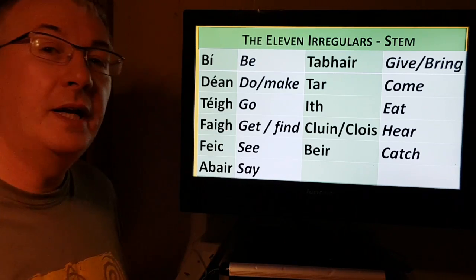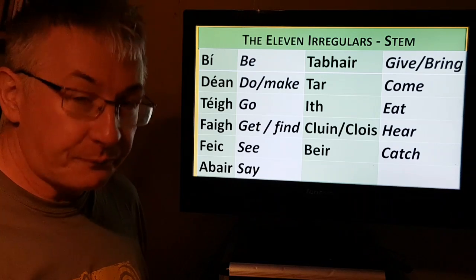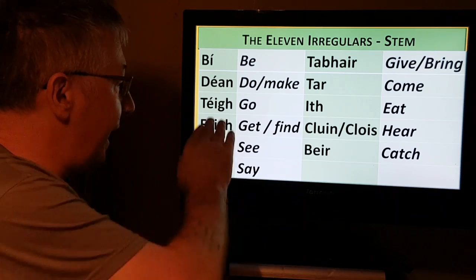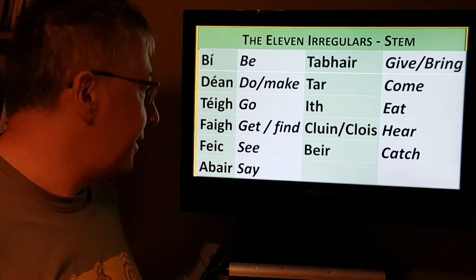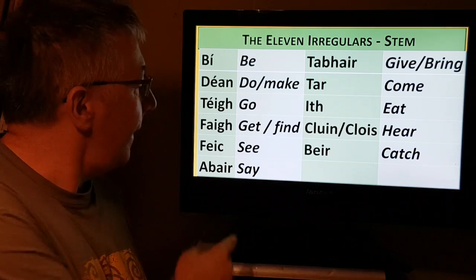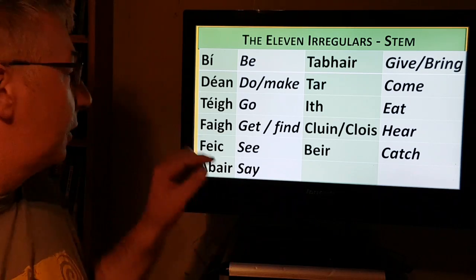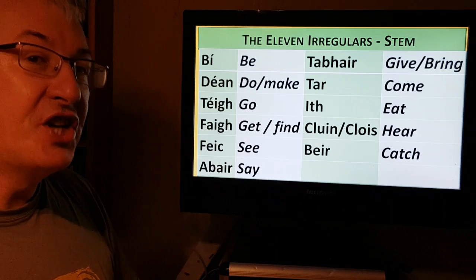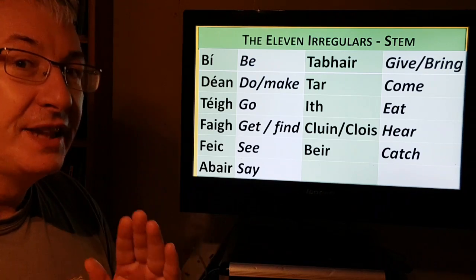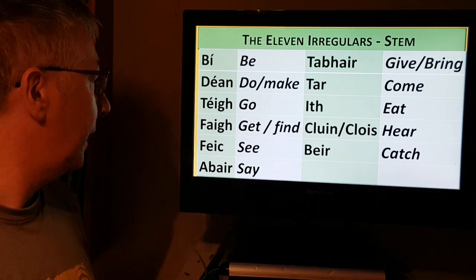And then the third one here is go, téigh, okay. The GH at the end just sounds like an H more or less, and that's go. And again, a T surrounded by either an I or an E, those slender vowels, will be pronounced ch, not t, okay? So téigh.